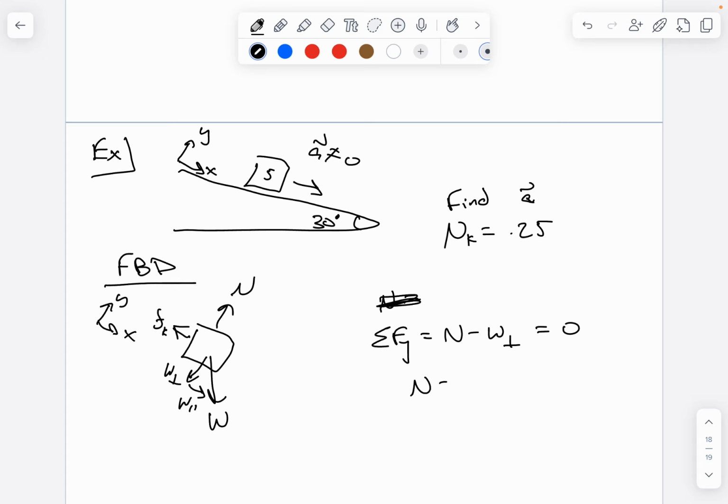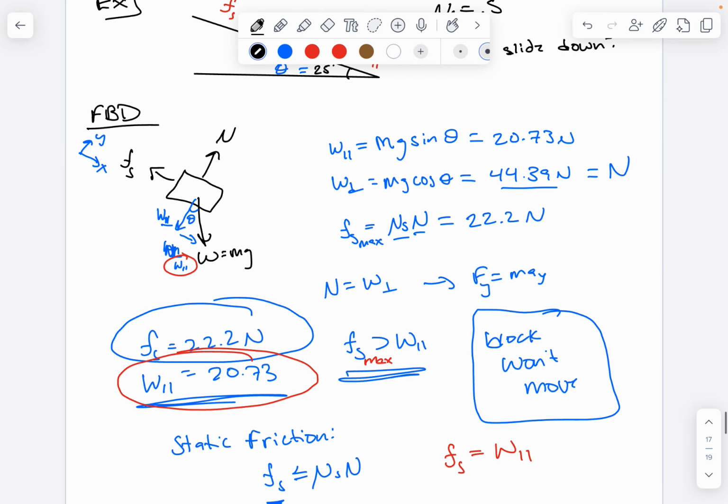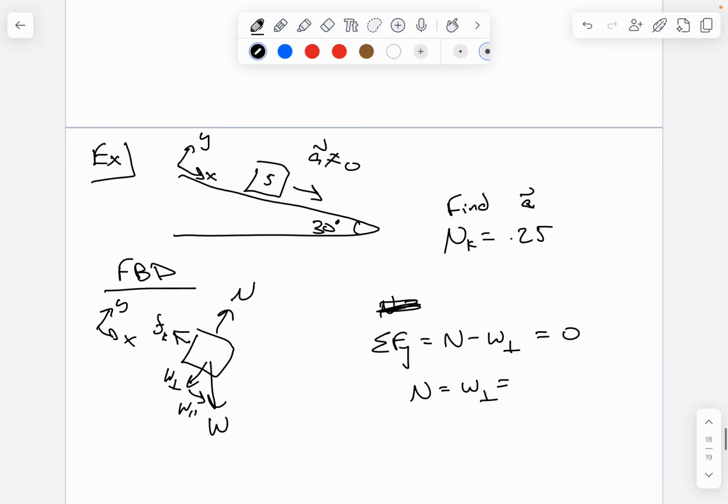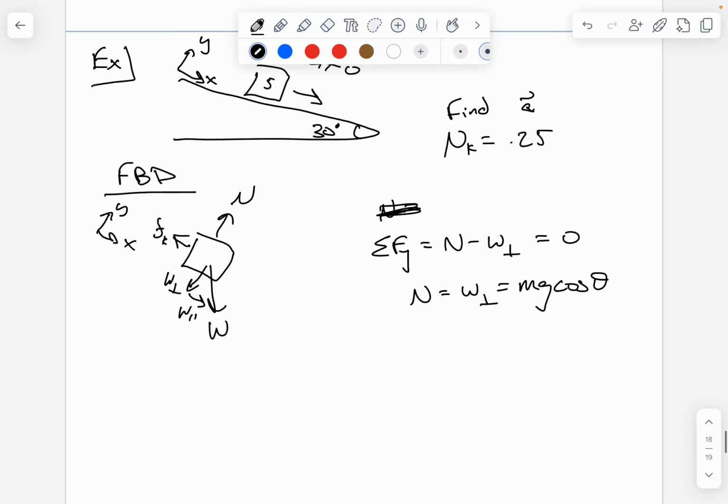So normal force is equal to weight perpendicular, which is mg cosine theta. If we plug everything in, we get that normal force is roughly 42.43 newtons.